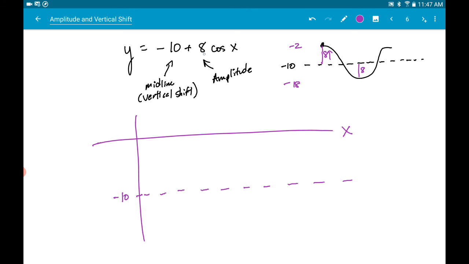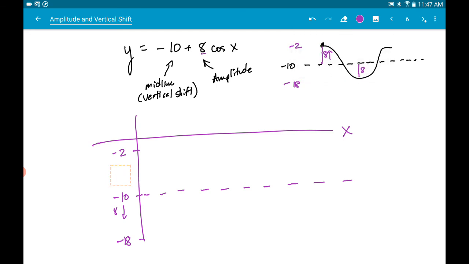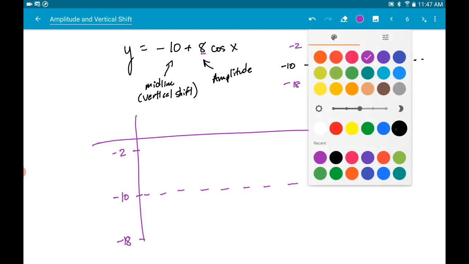And then this amplitude means that it's going to move the graph up and down 8 units in both directions. And so if you go 8 units this way and 8 units this way, you can see that the range of the graph is coming together. That curve is going to stay between -2 and -18. It's kind of like your new high point and your new low point.